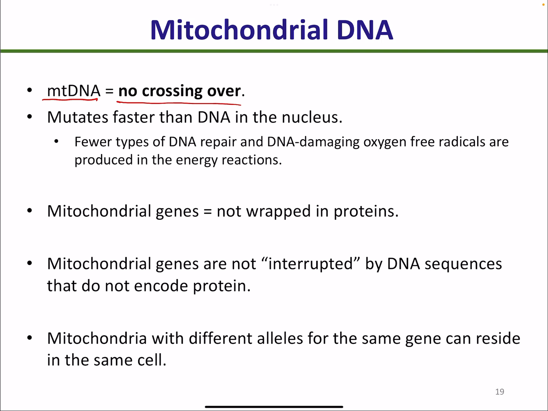Two, mitochondrial DNA mutates faster than the DNA found in the nucleus. Why? Because the DNA repair machinery in the mitochondrion is not as effective as the DNA repair machinery in the nucleus.